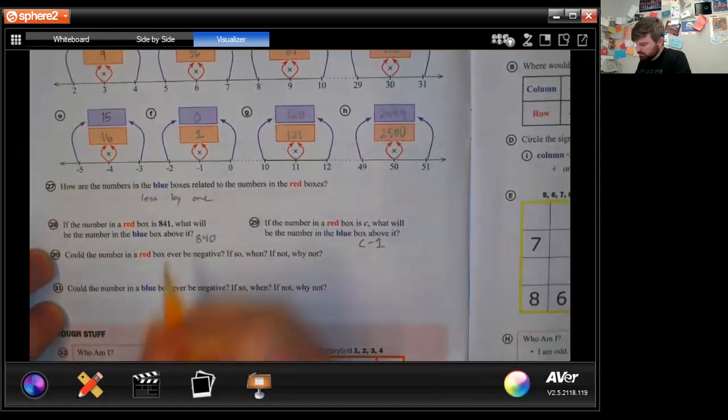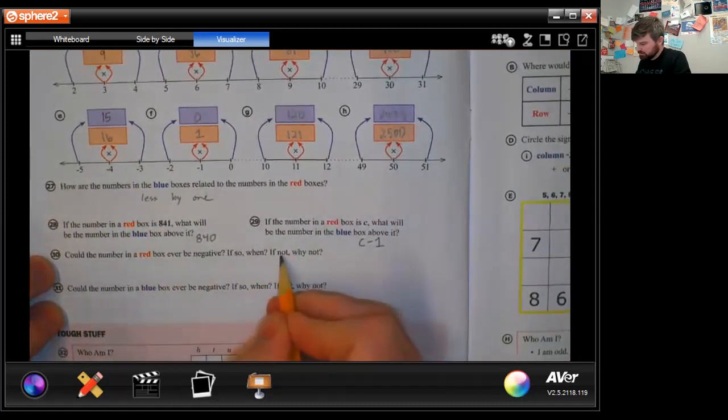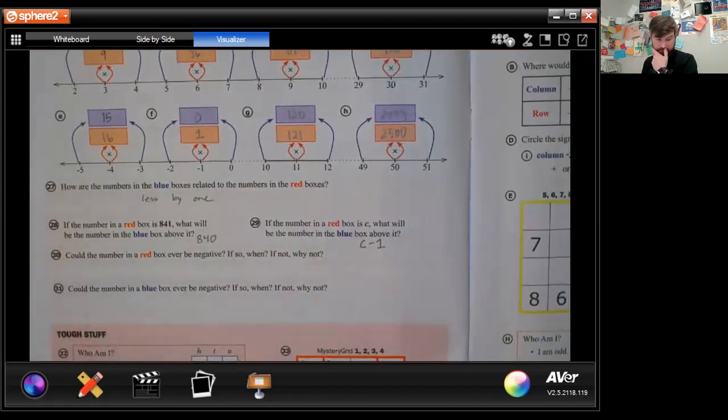Could the number in the red box ever be negative? If so, when? Why or why not? It could be. The only way it could be is if you take a positive and a negative number.